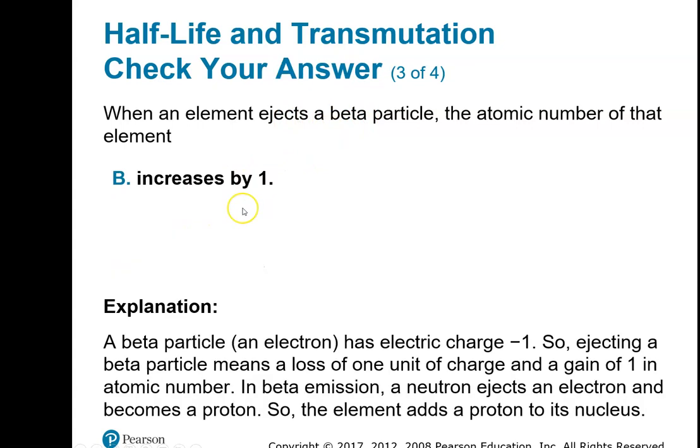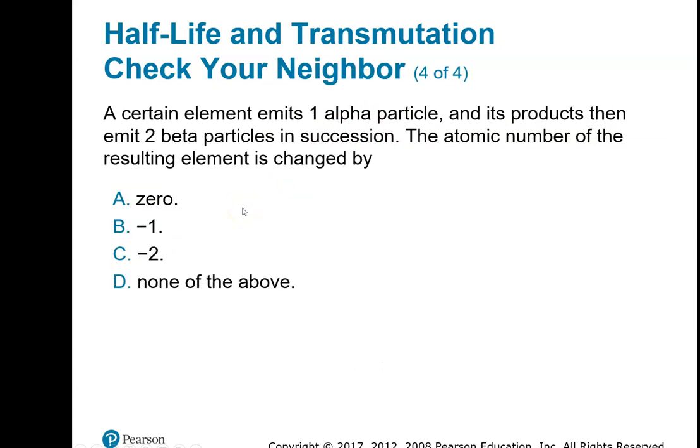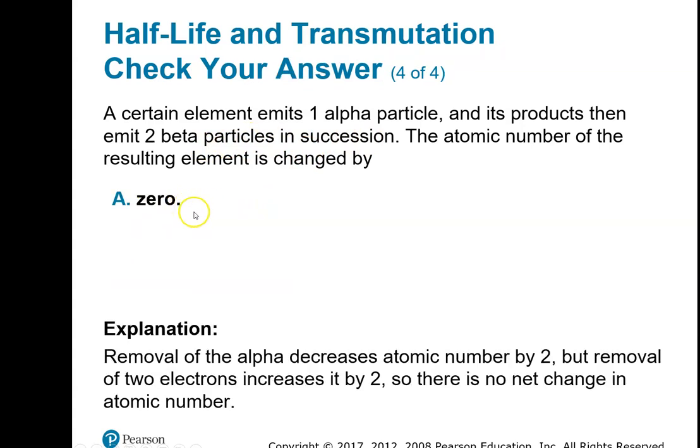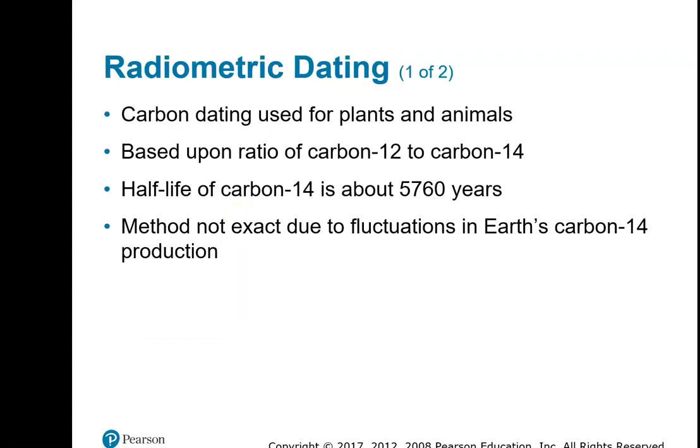So that should be B as well. Very nice. All right. A certain element emits 1 alpha particle and then produces 2 beta particles in succession. So remember, with the alpha, it drops by 2, and then 2 beta particles will bring it right back to where it was. So it would be 0. Right? It underwent radioactive decay, but it didn't go anywhere. It didn't become a new atom.